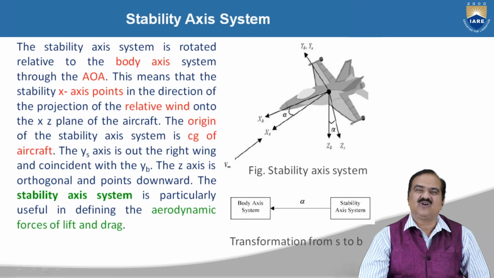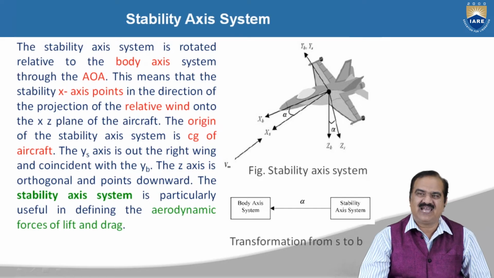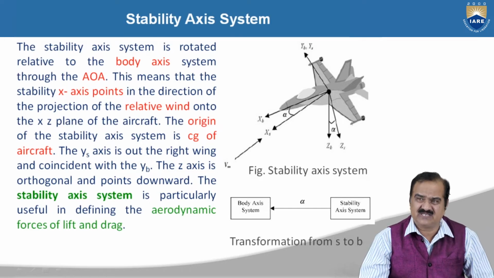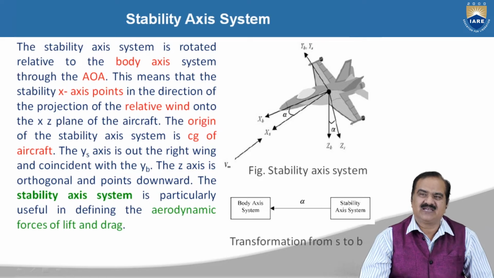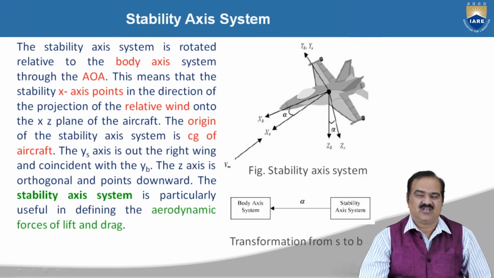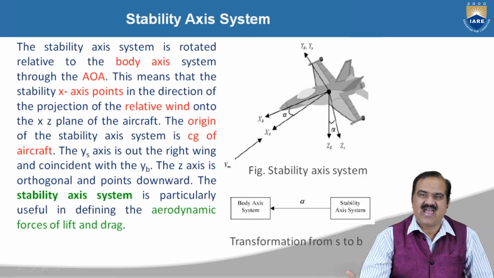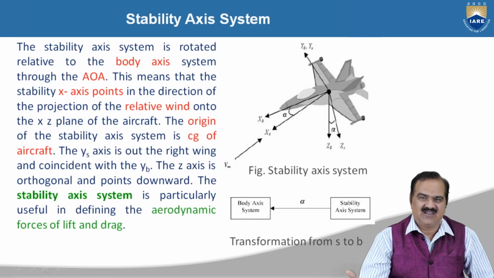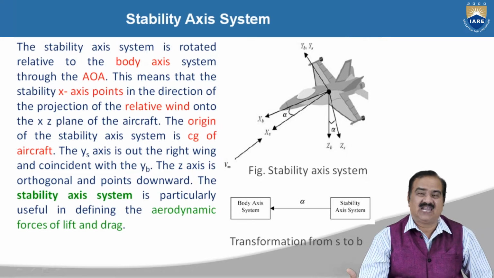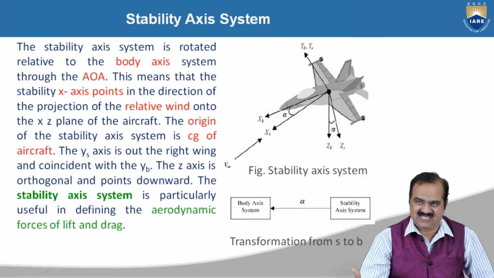So it is easy to understand. Here the relative wind of the aircraft is parallel to the free stream velocity, so it is also very easy to measure the angle of attack, find the stability axis, and find the aerodynamic forces, like lift and drag, very easily.